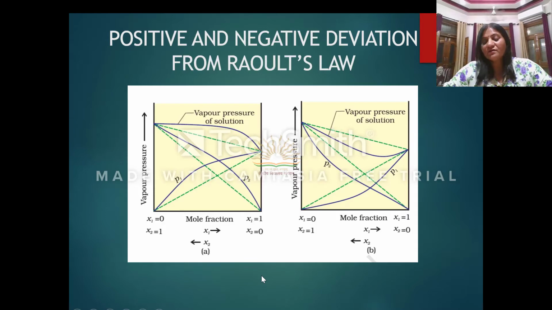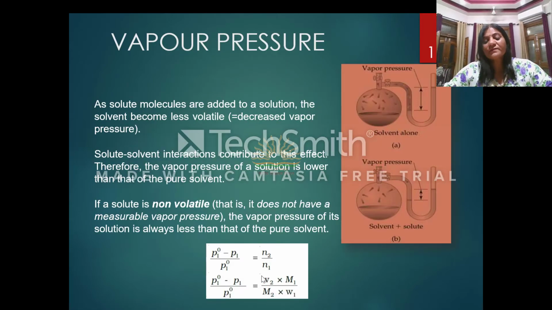When we convert number of moles into mass and molar mass, then W2 divided by M2 is N2, and W1 divided by M1 is N1.